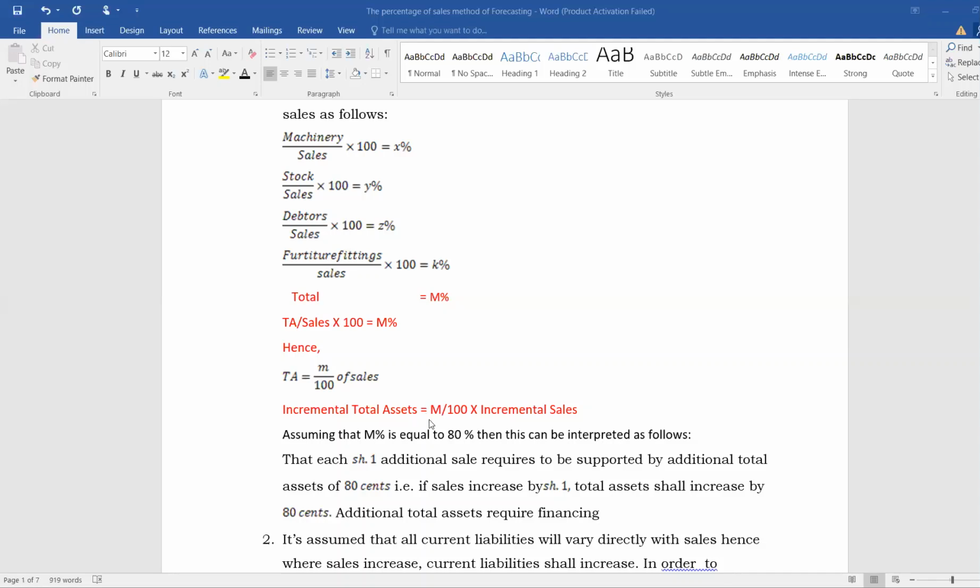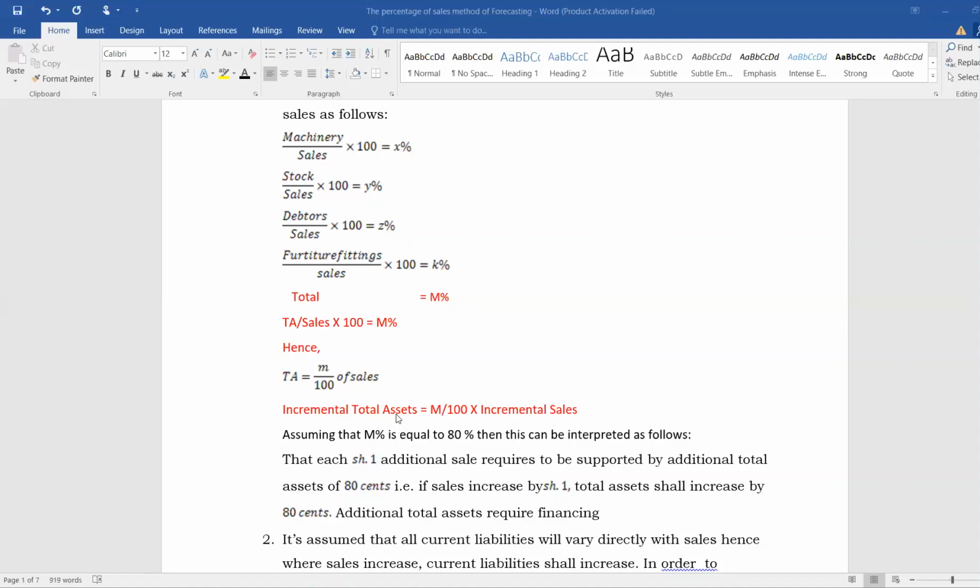Now, this percentage assumption does not change. So if sales goes up by 1 shilling, assuming this is 80%, 80% of a shilling is 0.8 shillings. That means if sales goes up by a shilling, then the firm's assets will increase by 80 cents.